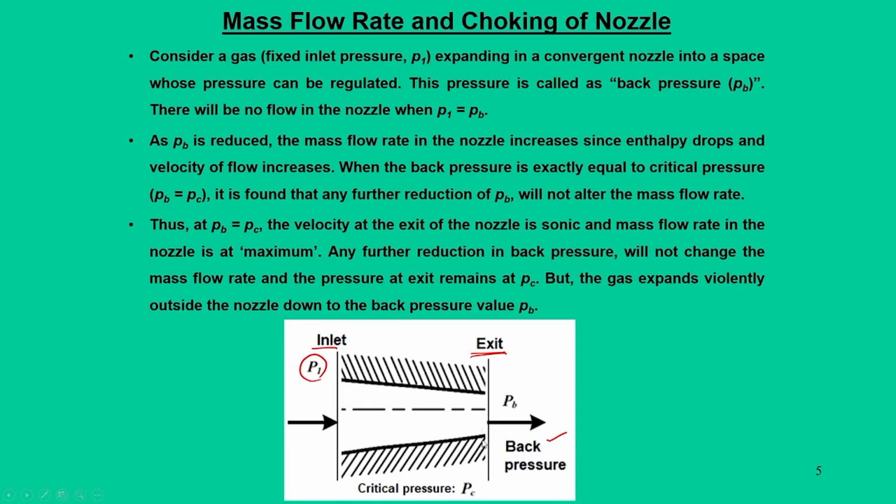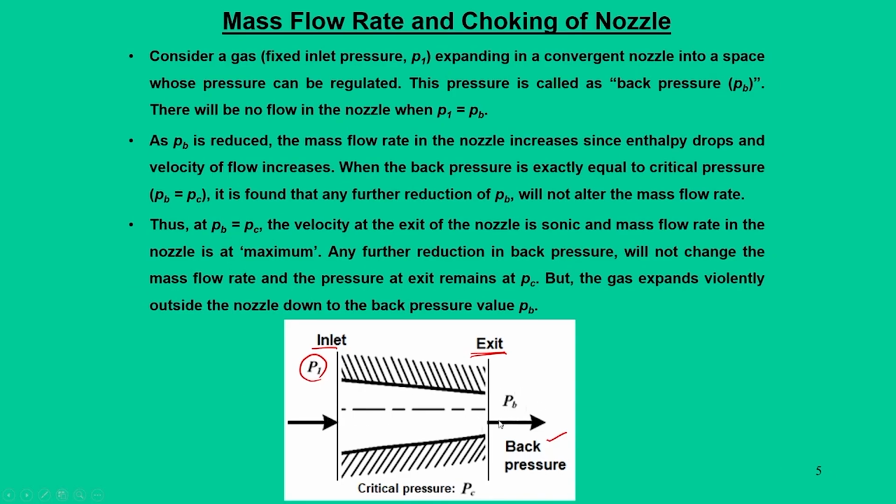Now, let us understand the beginning, when the flow does not occur, which means that P1 and PB are equal. Let us see under what conditions the flow will initiate in the nozzle. For that we have to reduce this PB, so that some flow will occur within this converging space.